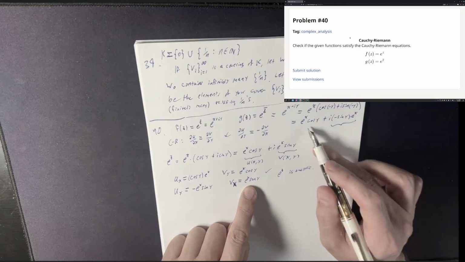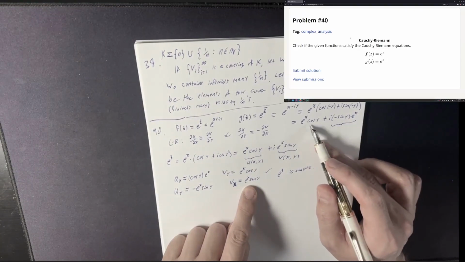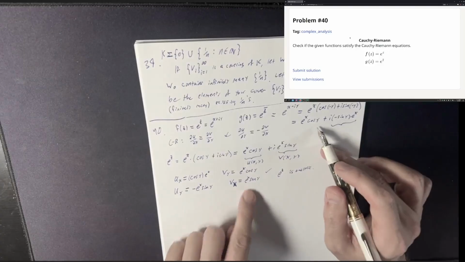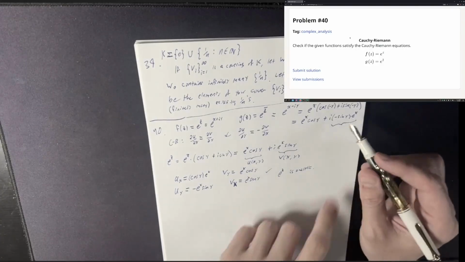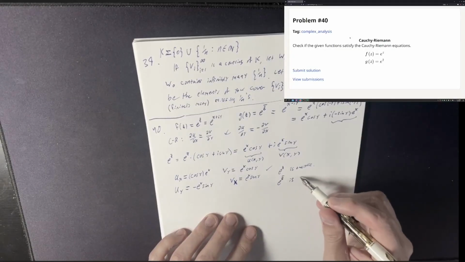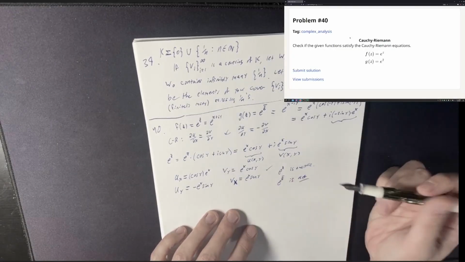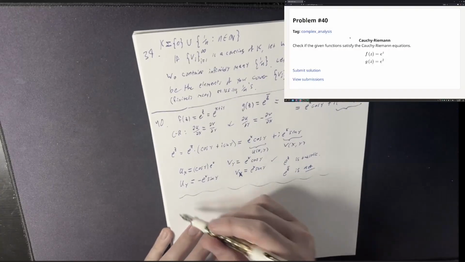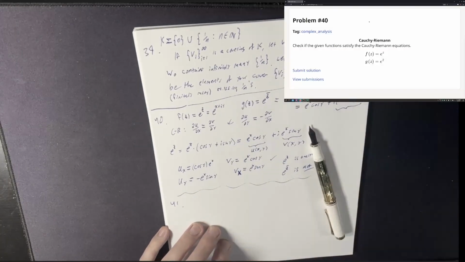I'm sorry, it's negative. It's negative e to the x sine y. So they're both negative, is what I'm saying. Both of these would be negative in the case of e to the z bar, which is not analytic, because it doesn't satisfy these equations. I'm not going to bother to check that one out because it's kind of obvious, right?